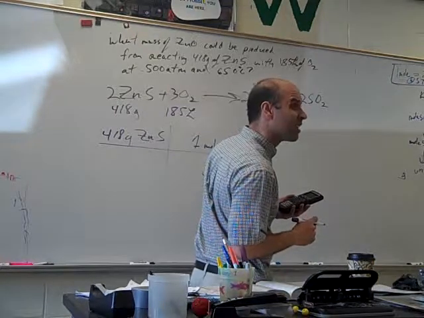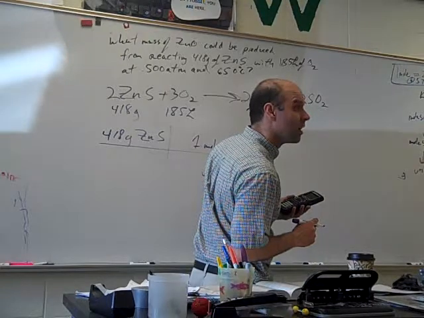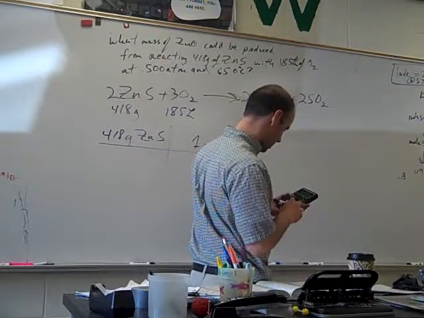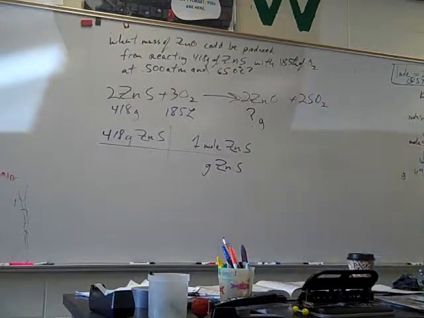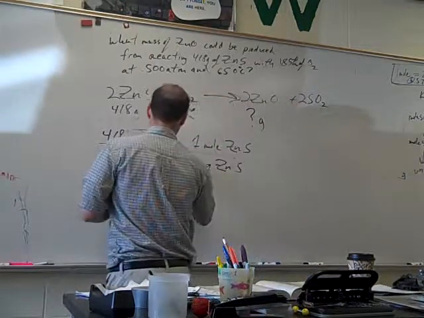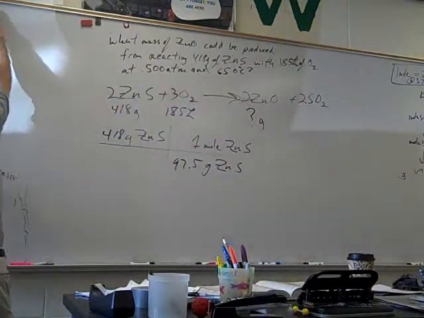Oh, I'm looking at copper for zinc. So it'd be 65.4 plus 32.1. So we get 97.5.